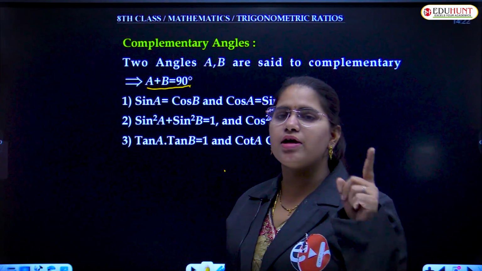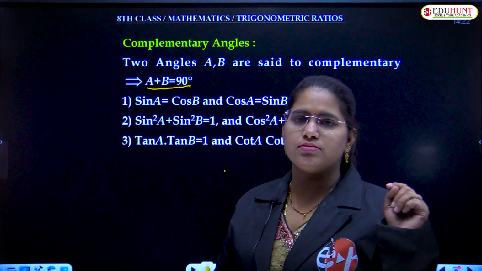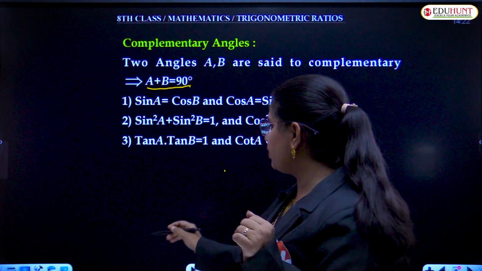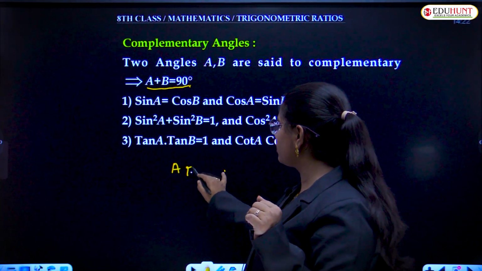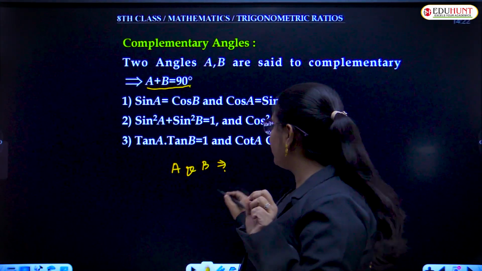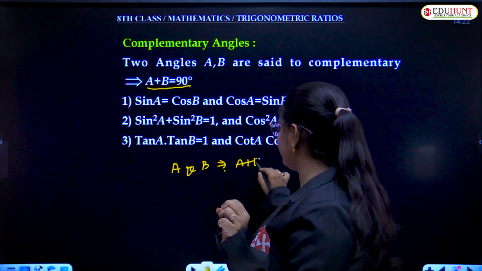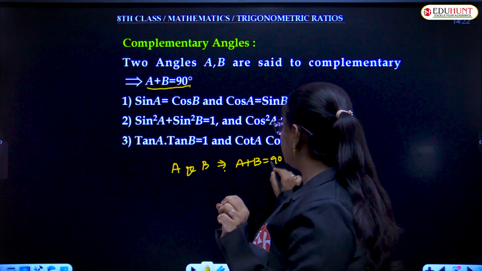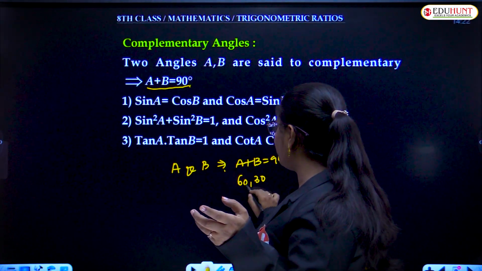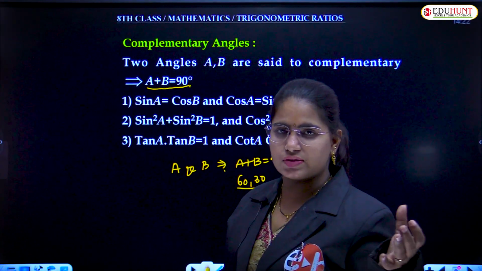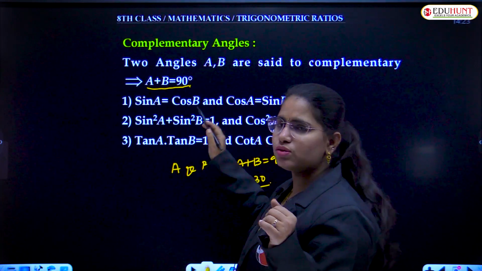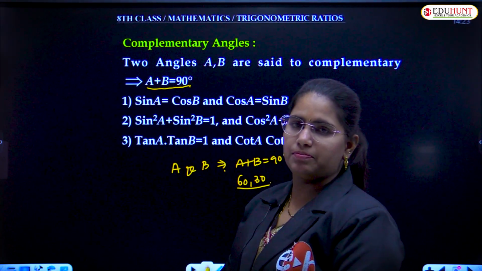Can you please give me an example for complementary angles? So, A and B are called complementary angles whenever A plus B is equal to 90 degrees. For example, 60 and 30 are complementary angles, since 60 plus 30 is 90. So you are clear with the definition part.